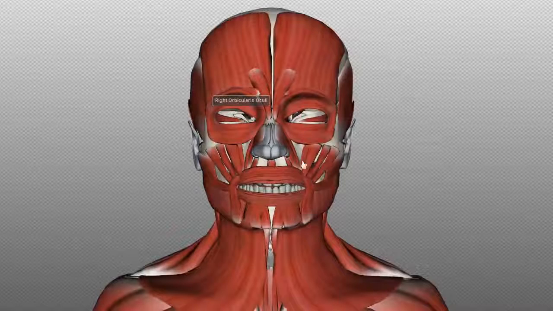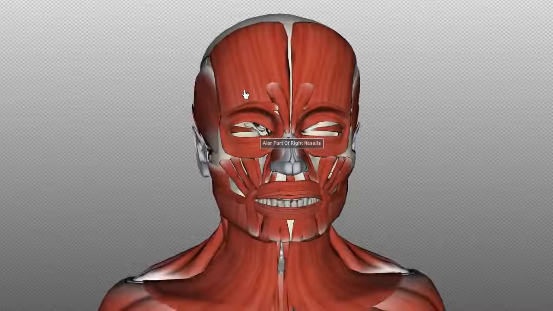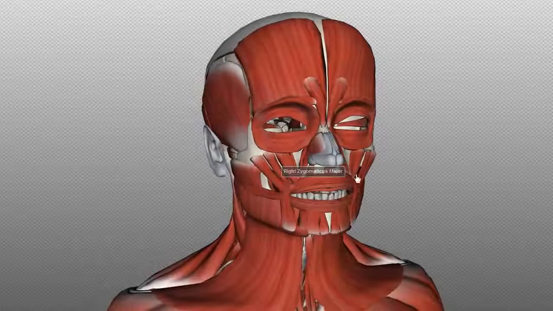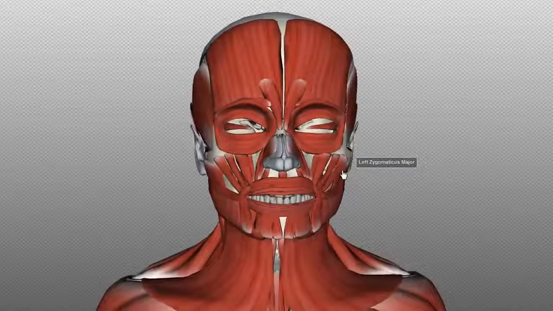If you're just going to remember four muscles, remember the occipitofrontalis, the orbicularis oculi, the orbicularis oris, and the buccinator. And when you're remembering any muscles, just try and think of what the name means, what the words actually mean, because they generally help you to remember the position and the function of the muscle. So that's the muscles of facial expression.